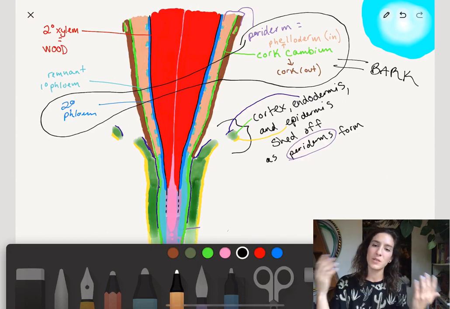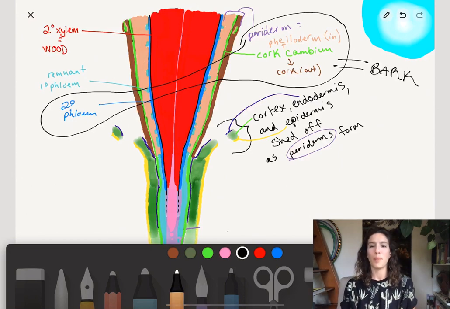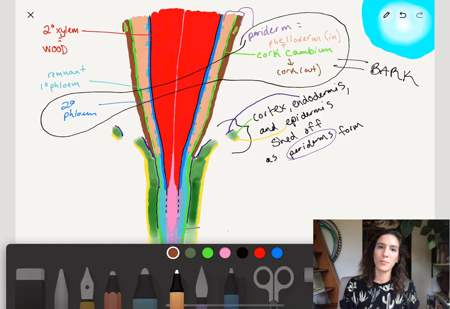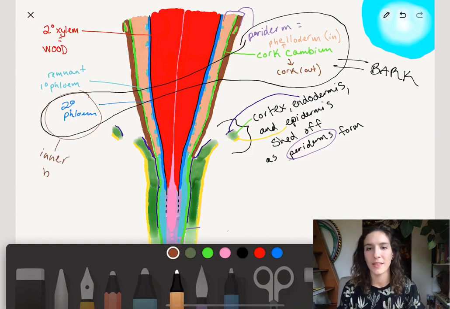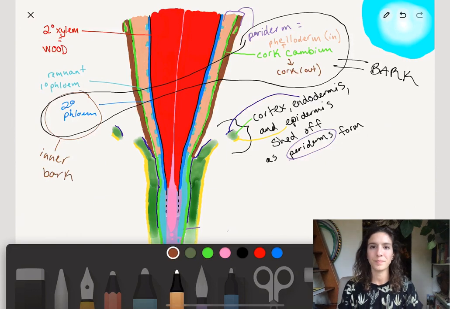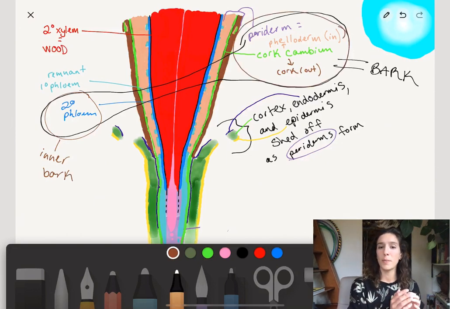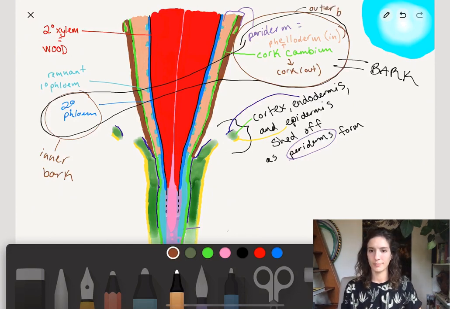Yes, all of those layers combined are bark: secondary phloem and the periderm, including the cork cambium and the cork and the phelloderm. Now, secondary phloem alone is considered inner bark. The periderm is considered outer bark.